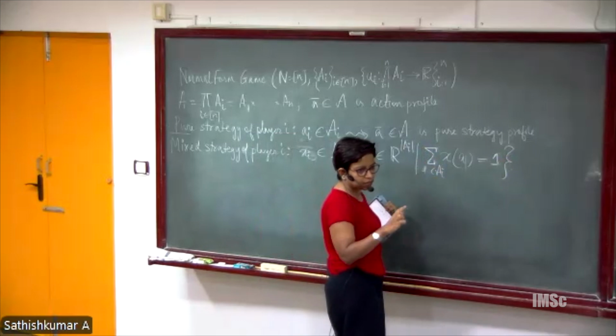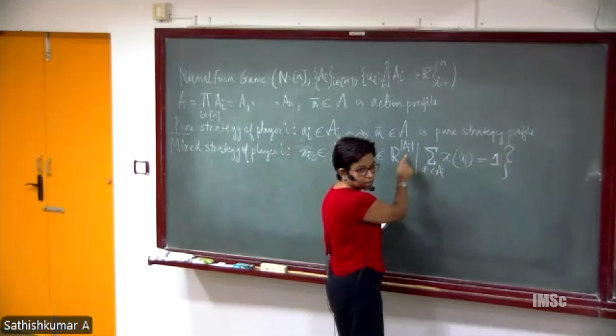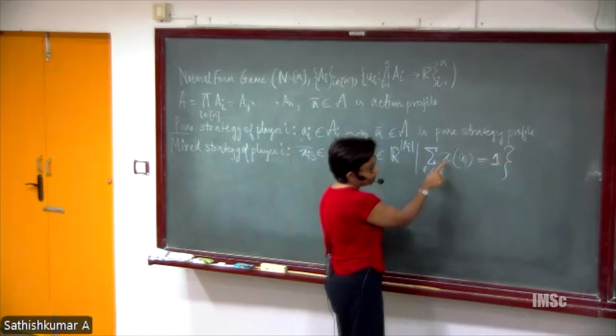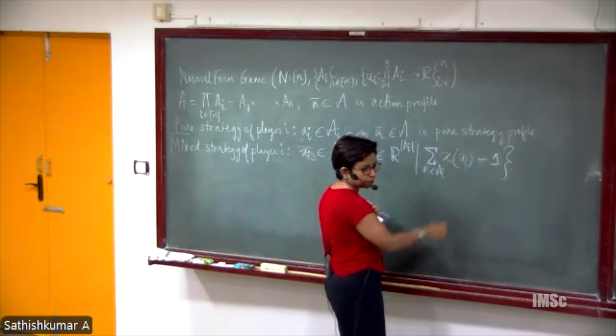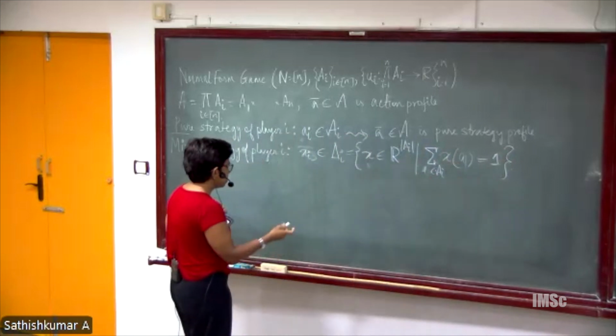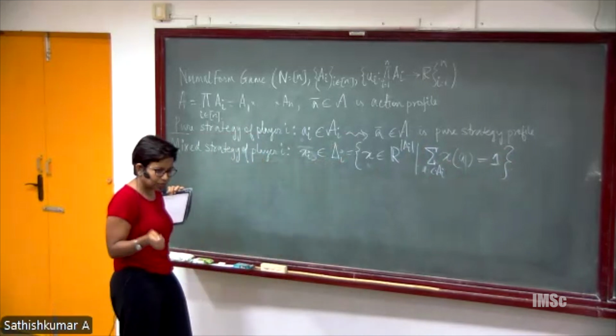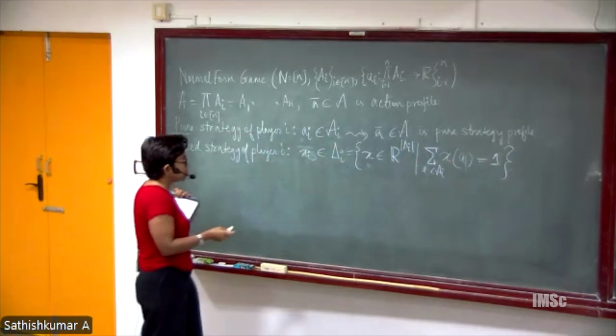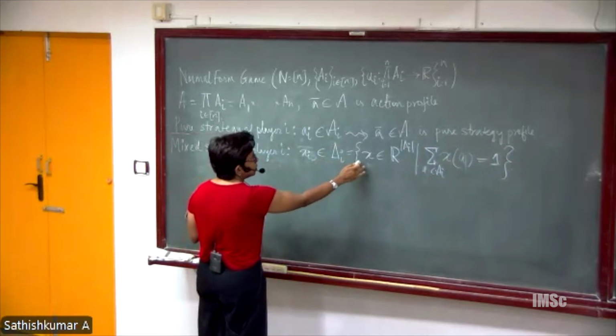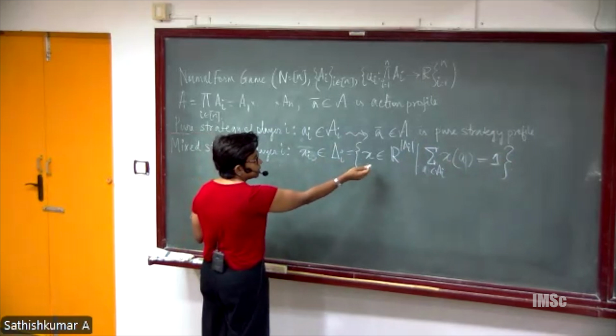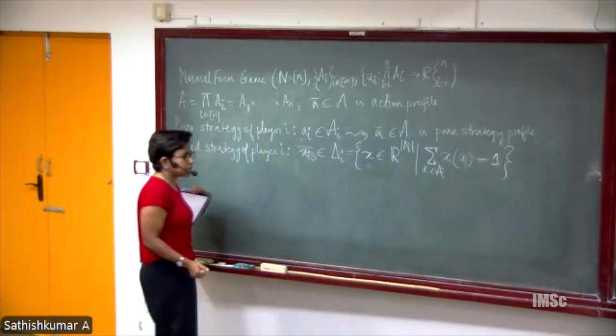How long is the vector? It depends entirely on how large the action space is, and the coordinates of x, indexed by a, must all sum up to 1. This is oftentimes called the probability simplex or standard simplex. It's a subset of this direct product of reals.